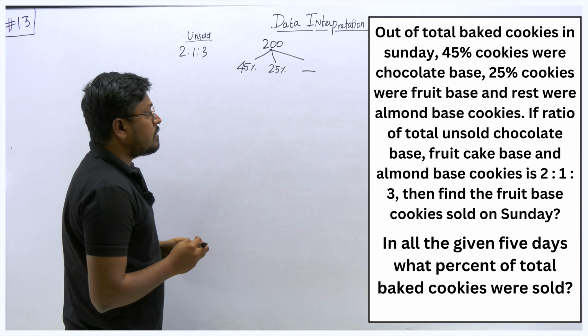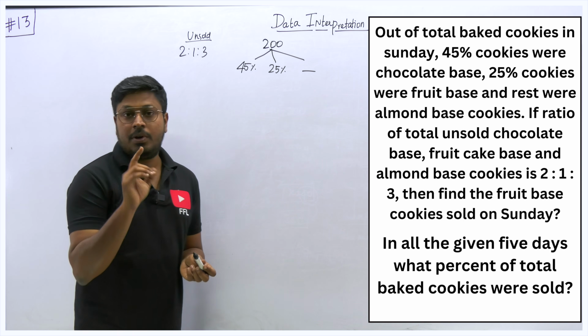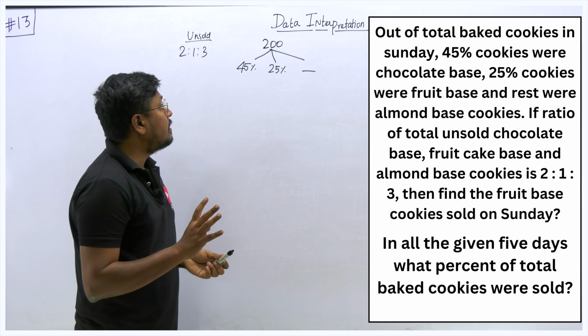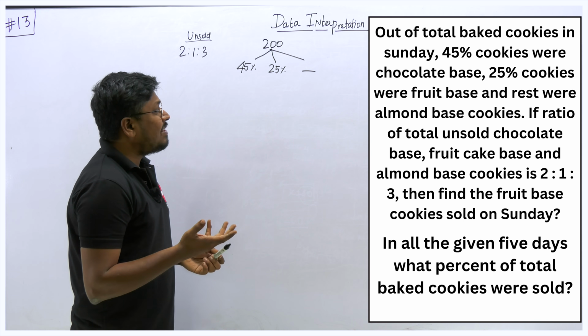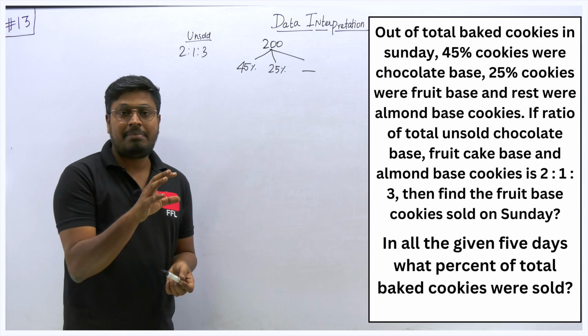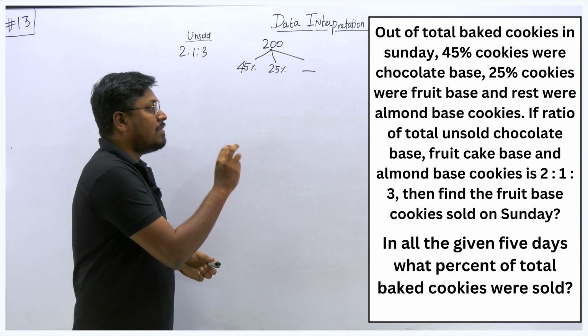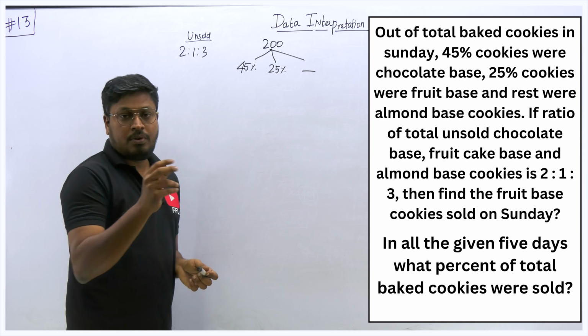So our target is to find the fruit based cookies that were sold on Sunday. But they have given other data, like chocolate based and almond based. Those values are not needed, because our target is to find only the fruit based cookies.